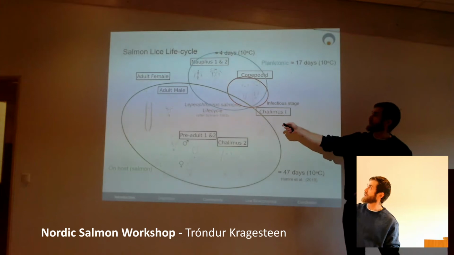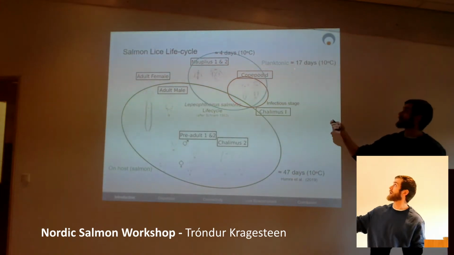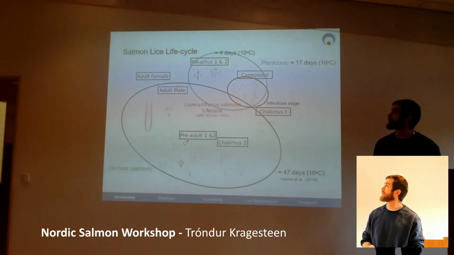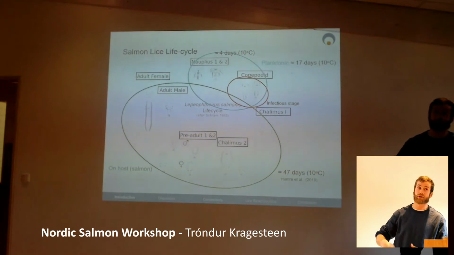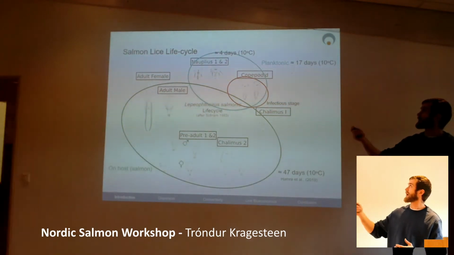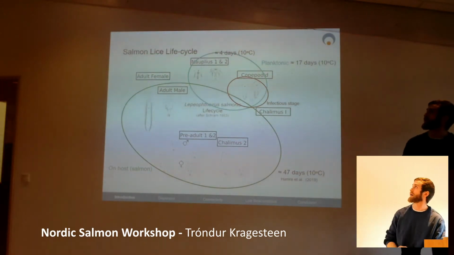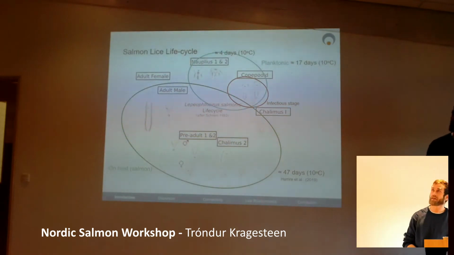The first 2 stages are non-infectious and take about 4 days at 10 degrees water. The next stage is the copepodid, which is infectious and can survive in water for around 13 days.